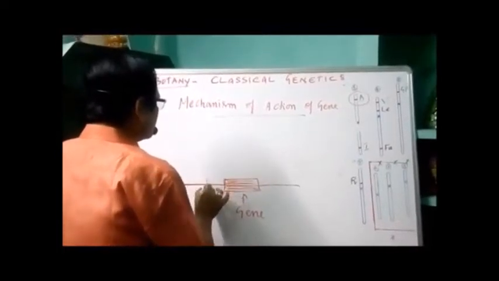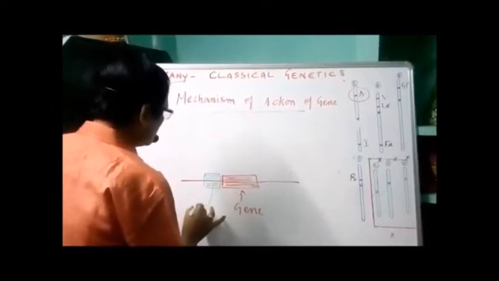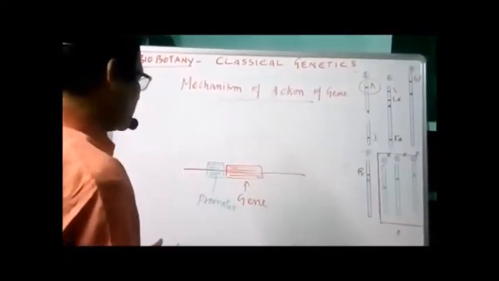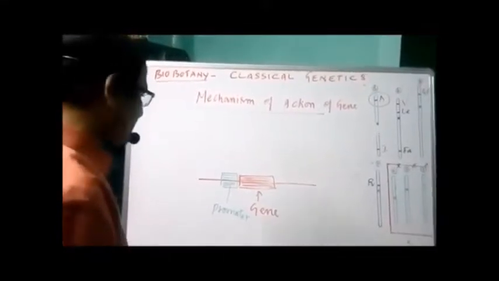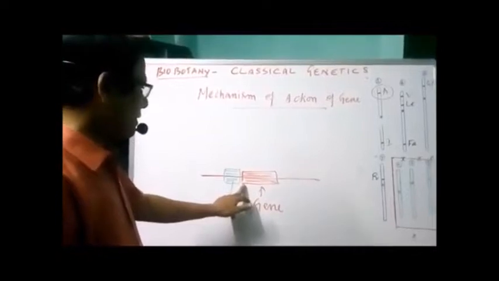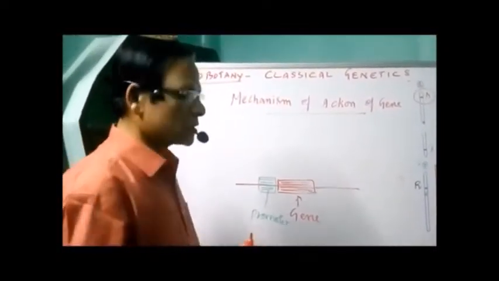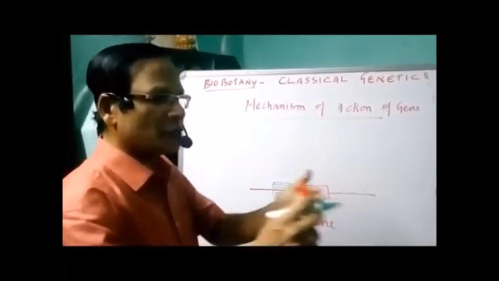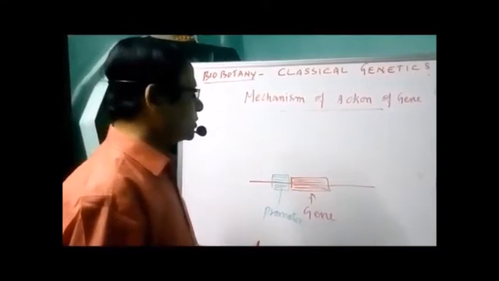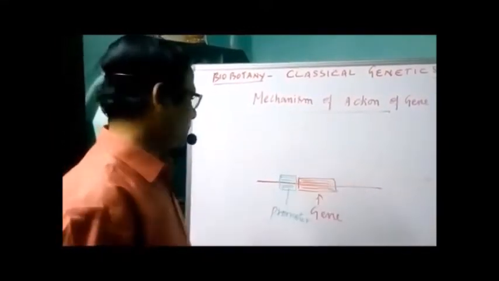Just near it there is a structure, which is called the promoter region, the region present near the transcription site. This is the region of initiation of transcription, and to this promoter something will attach that will initiate the transcription process. Now the gene is the one which is to be transcribed and expressed to produce a product.